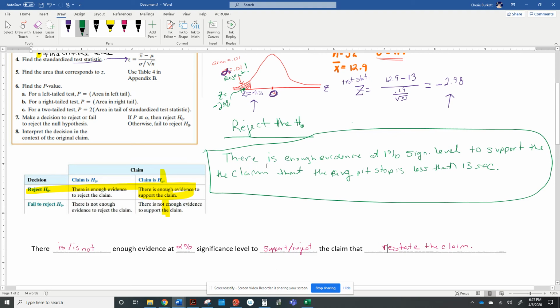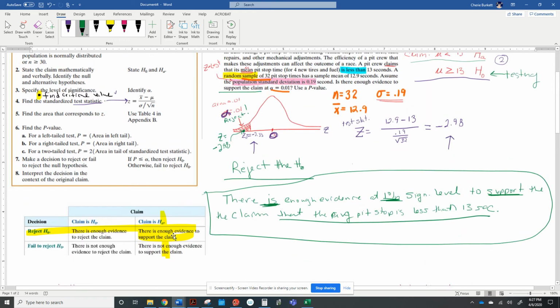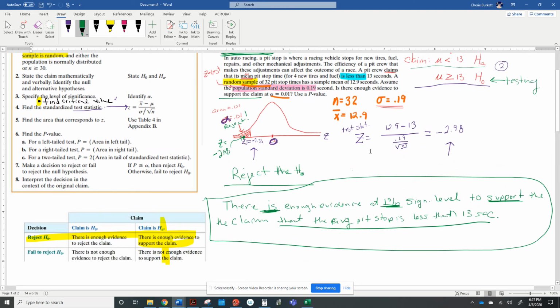And it's this right here that is always going to be your fill in the blanks. This word changes, this percentage changes, and this word right here changes. And of course, your claim changes. So that's going to be the only thing that's different. Every time this fill in the blank sentence will be your answer. And then you have to figure out what goes there by all this other stuff.